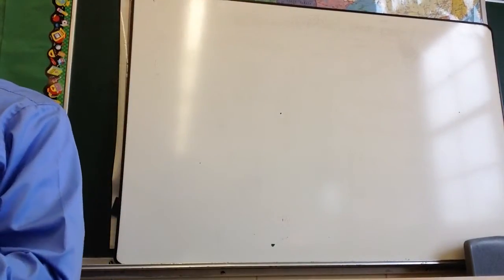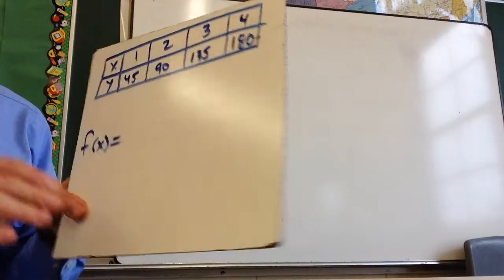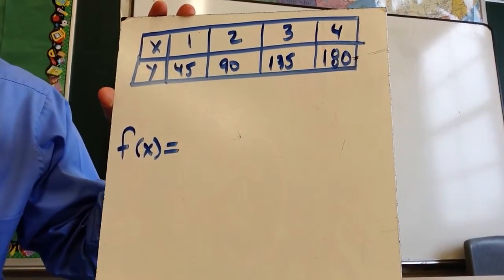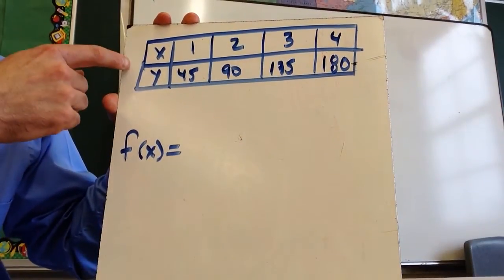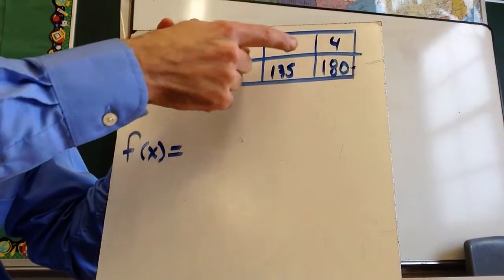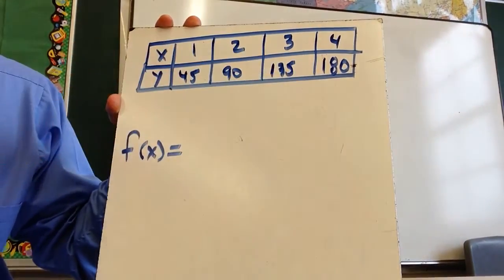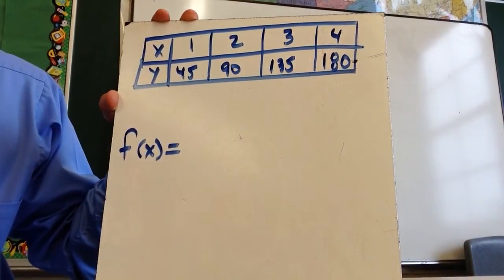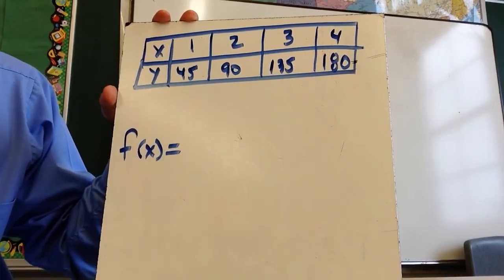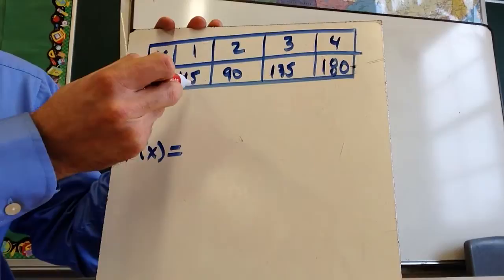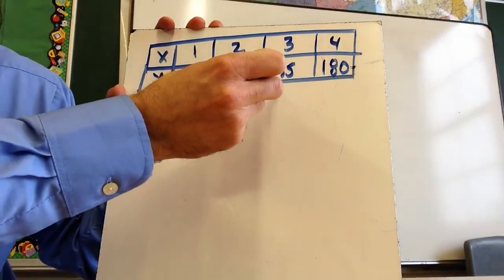So let's take a look at the first problem. Now keep in mind that in class tomorrow, a lot of these problems are going to be written as story problems, but once you get the table, it looks like this: x is 1, 2, 3, 4, and y is 45, 90, 135, 180. So the first thing we want to think about is the pattern. The idea is, are these going up by a constant rate?